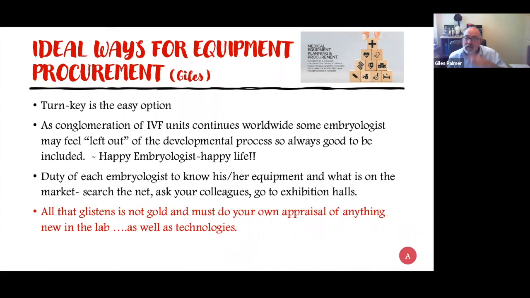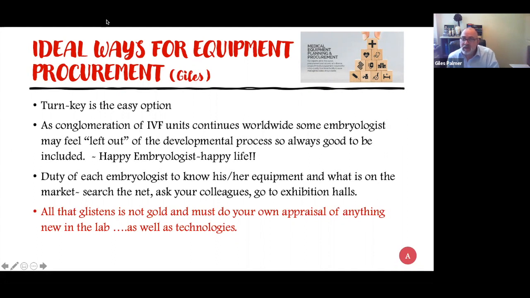Then there are scientific reports, and those will give you a good indication if, in the case of gadgets, it's worth having or not. And of course, all that glistens isn't gold, and you really have to do your own appraisal once you have your equipment in the lab.